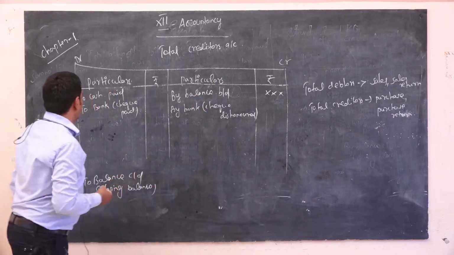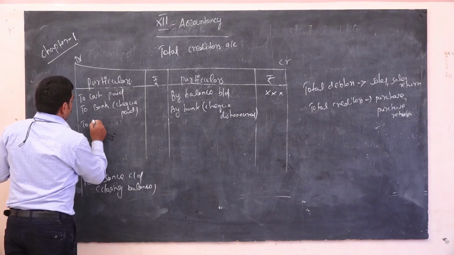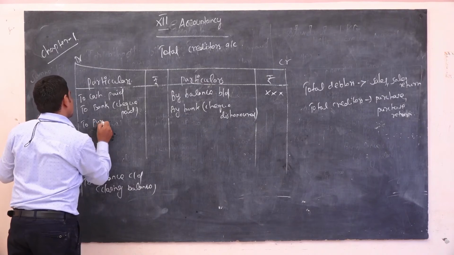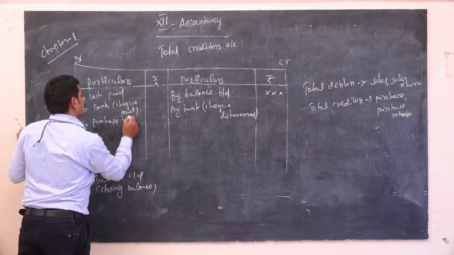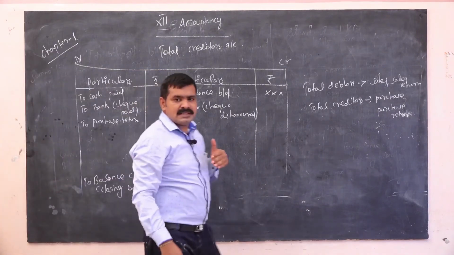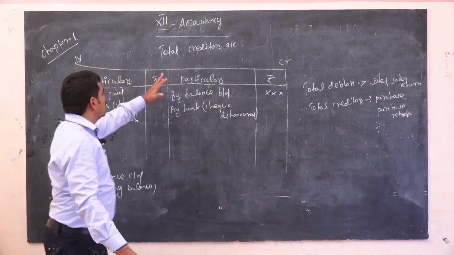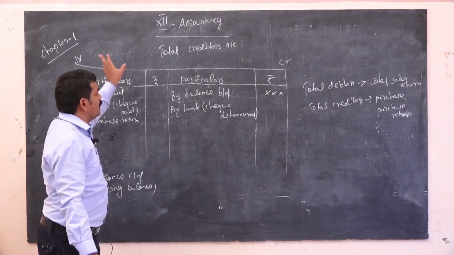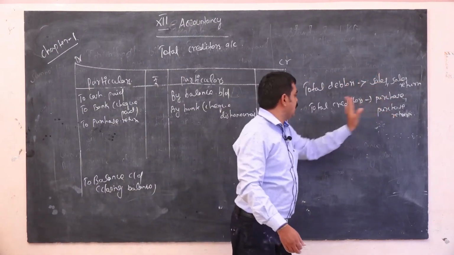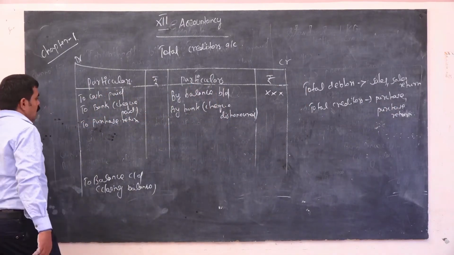Okay, here to bills purchase return. If you are opening total creditors, you have to mention purchase return on the debit side. If you are opening debtors, sales return. Debtors means sales return. Creditors means purchase return.